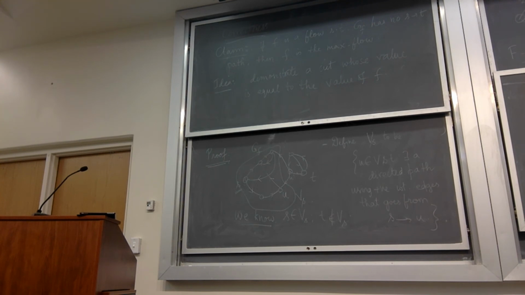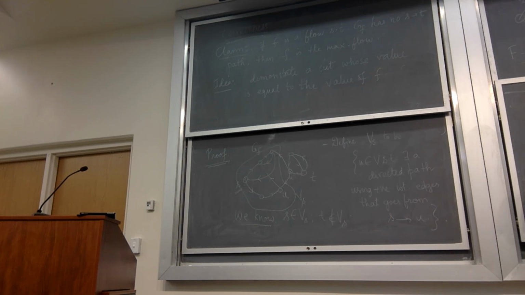So to exhibit a cut, you've got to exhibit a cut in the original graph, not in this G sub f. So let's mimic this picture, but just the vertices this time, because the edges in G are a little bit different.